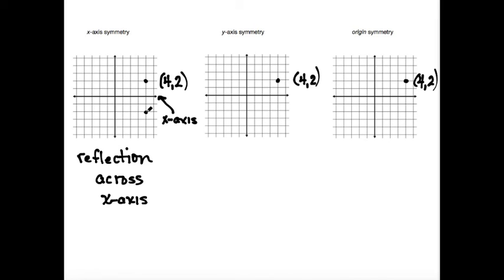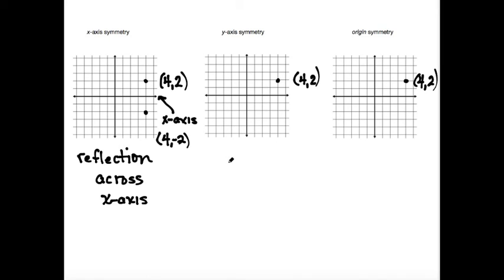So we now have this point also on our graph, okay? Again, if we have x-axis symmetry, it's like a mirror image across the x-axis. So if I know the point 4, 2 is on my graph, and there's x-axis symmetry, then I also know that the point 4, negative 2 is going to be on my graph, okay?